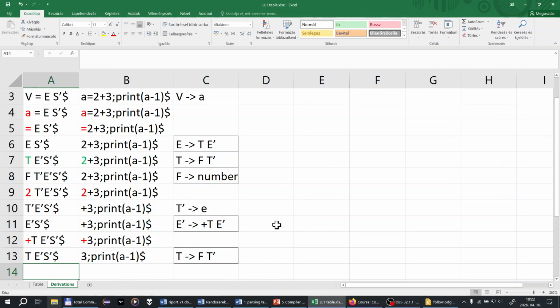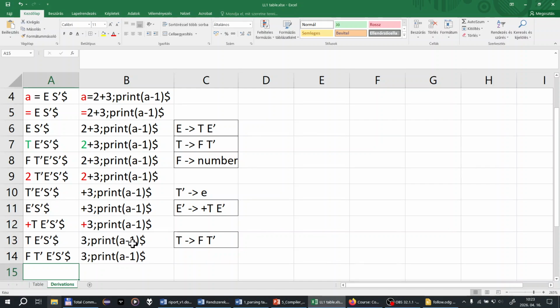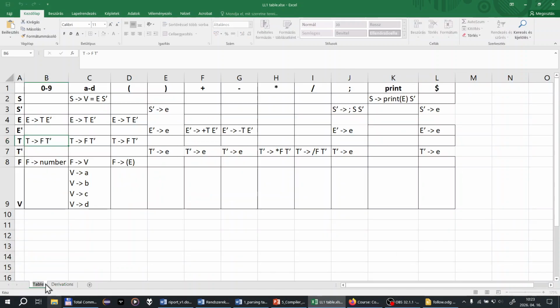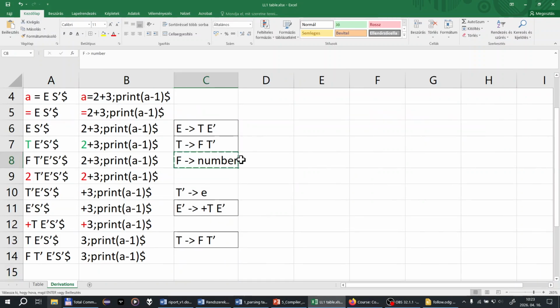Which means that T is substituted by FT prime. Okay, for the F and the number we have, like here, F to number.